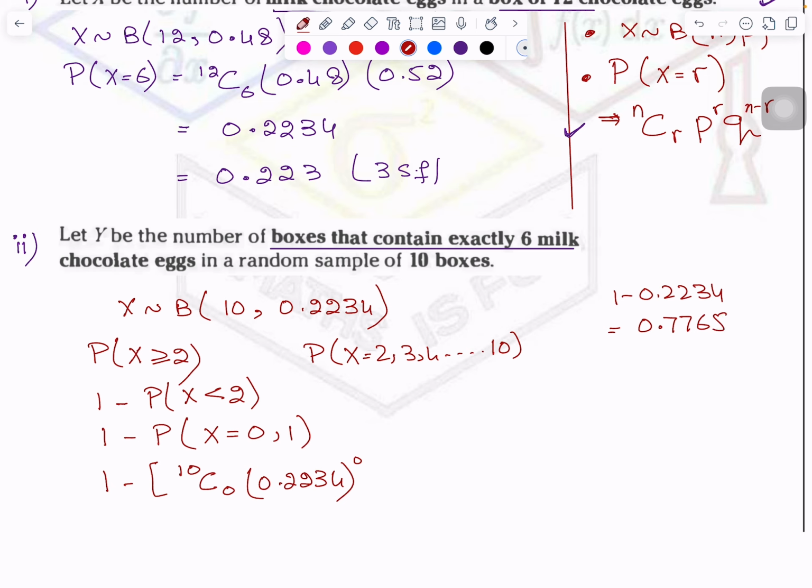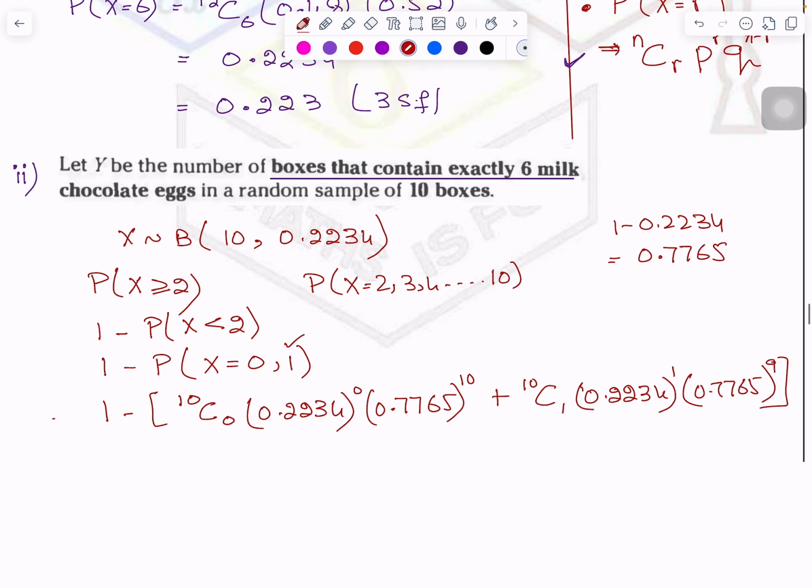So then it will be 0.7765 to the power 10 minus 0, which is 10, plus 10C1. Now because of this one, again p, 0.2234 power 1, 0.7765 to the power 10 minus 1, which is 9.